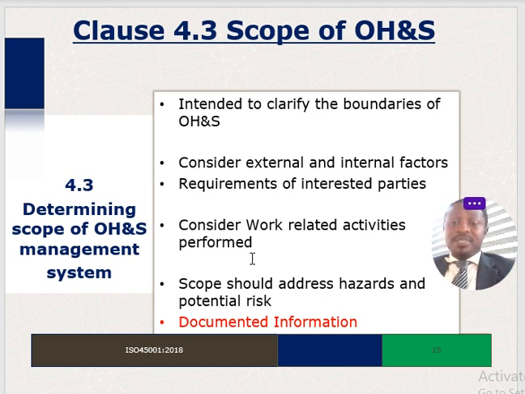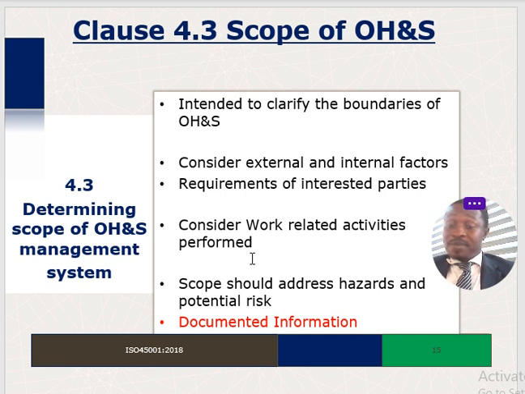The scope you take should address all possible hazards and potential risks. So you can't say, let's say you are going for the management system, but because of certain risks, you are excluding certain parts of your organization from the scope.